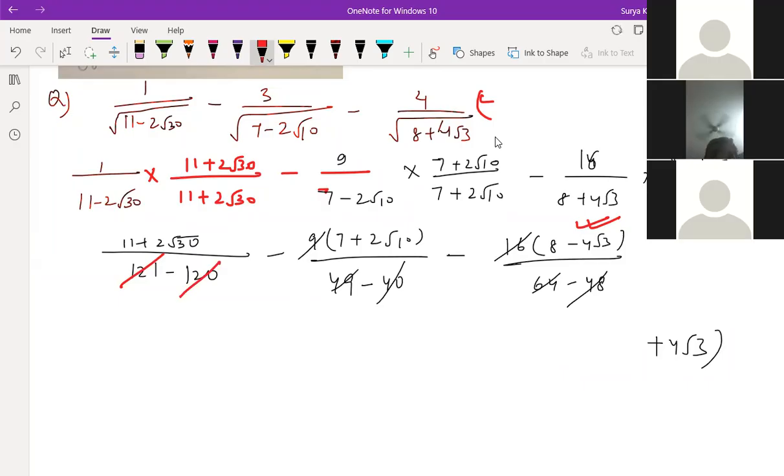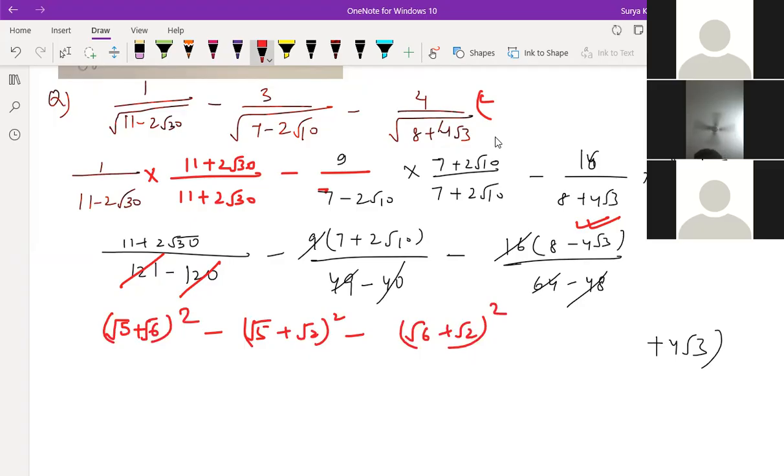So 11, so this we can write it as what? 5 plus 6. Root 5 plus root 6 whole square, you're saying now. Minus, in here what you can write? 5 plus 2 whole square, and here root 6 plus root 2 whole square. Like this only. Here is minus, no? Yes, sir, here minus will come.